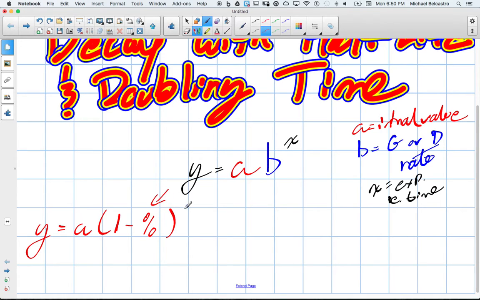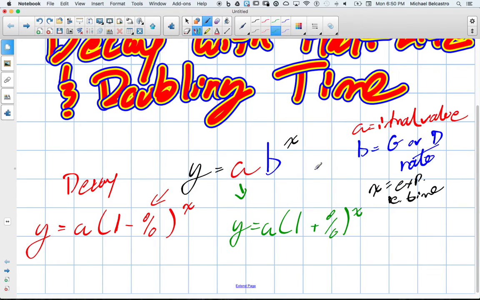And for your growth, it's the same idea, 1 representing 100% plus the percentage, to the power of x. This is usually your growth rate formula. So we add the percentage for growth, we subtract it for decay.